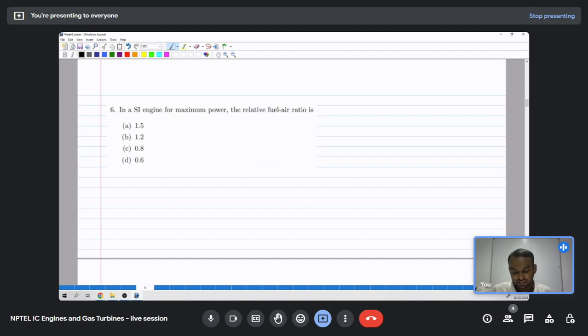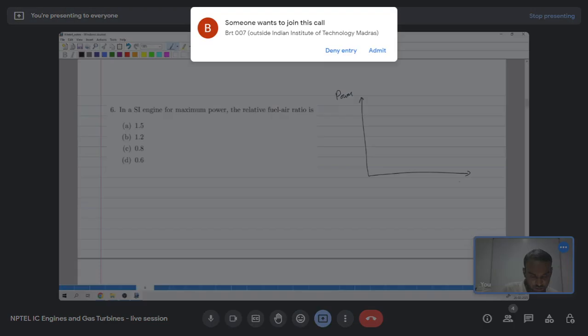So next question, in an SI engine for maximum power, the relative air fuel ratio is this. You could have seen a plot like this: power against air fuel ratio, which is relative air fuel ratio.